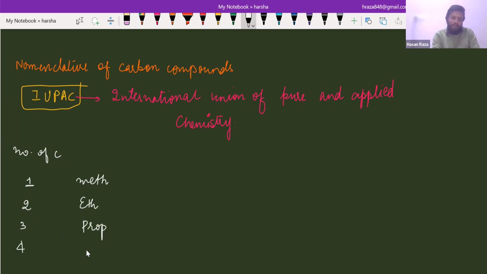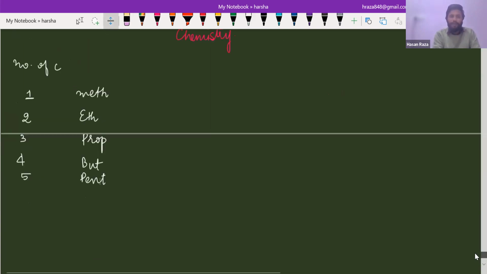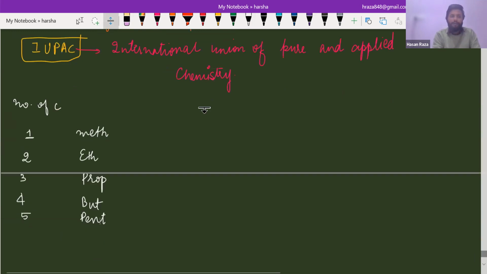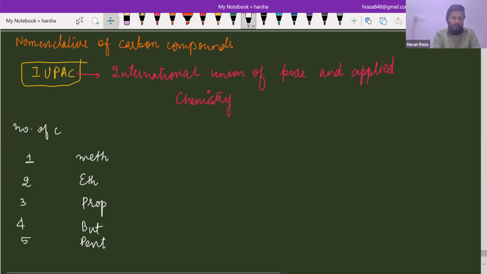If it is 4, then we use but. If it is 5, then we use pent. And if the number of carbon is 6, that means it is hex.